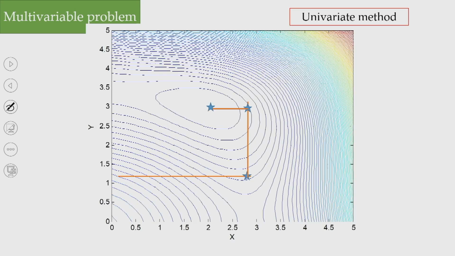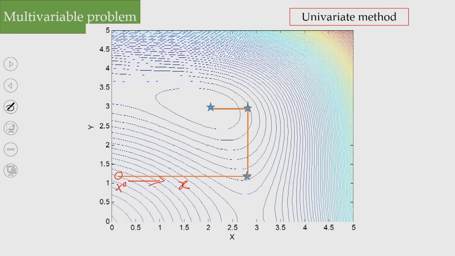Now, the first one, as I said, is the univariate method. That means you are selecting one variable at a time. In this case, you are going along the x direction, searching for your optimal point. Suppose this is the starting point, x naught, and initially you will go along the x direction. That means you have chosen only one variable.